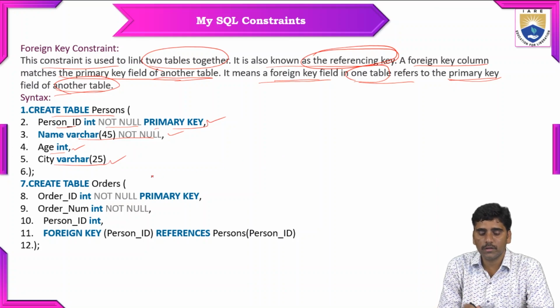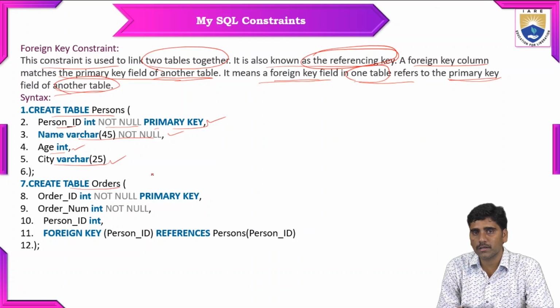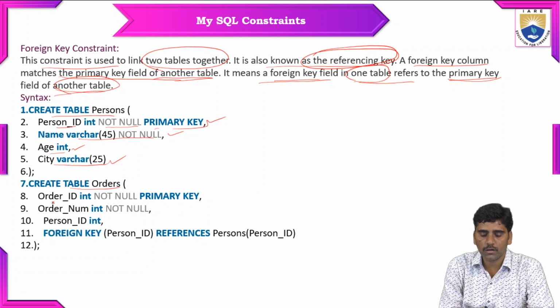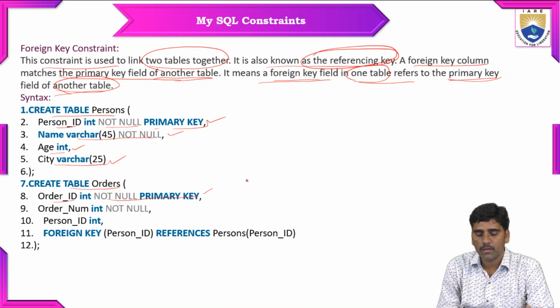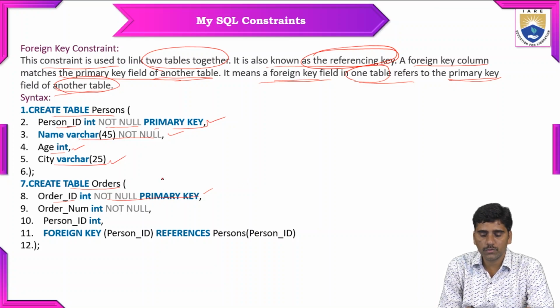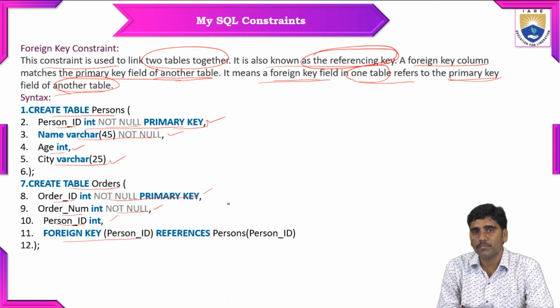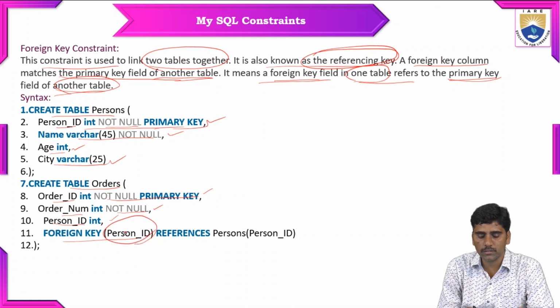And the second table is what? Create table orders. So order ID, integer not null, primary key. And order number, integer not null, and person ID integer, foreign key of the person ID, which is referenced from the first table.